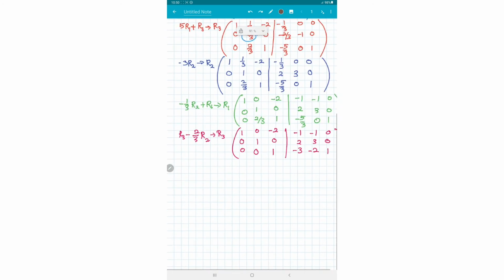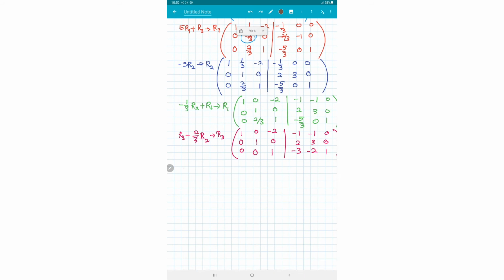The idea is I use the first row, minus or plus. For me, I have to choose plus. The operation is addition. So the first row adds with 2R3 to become the new R1.